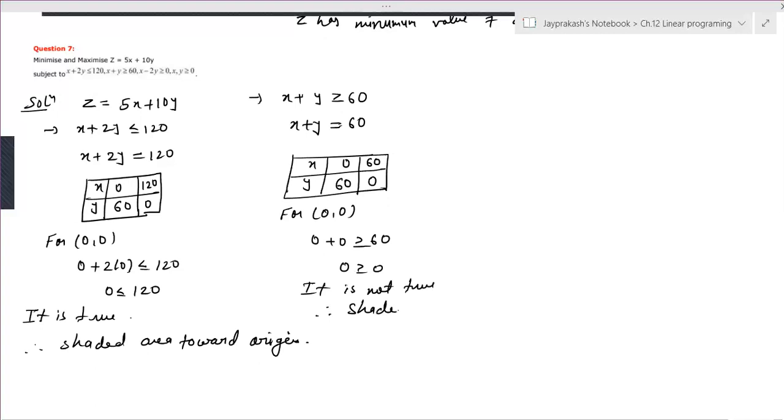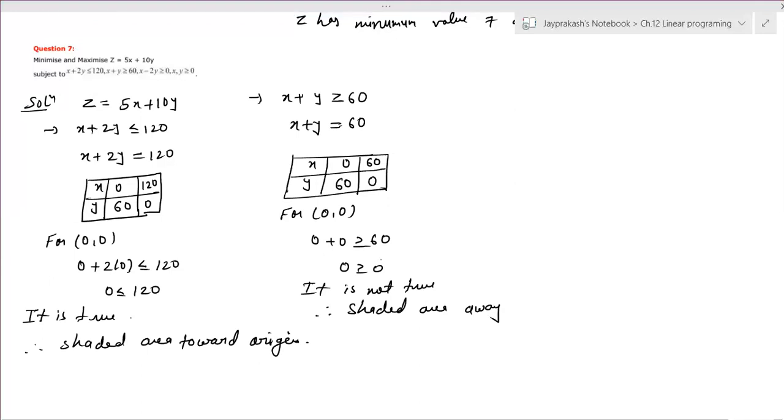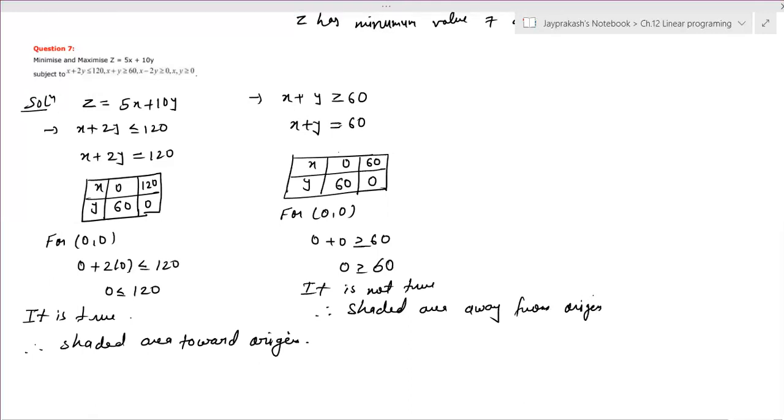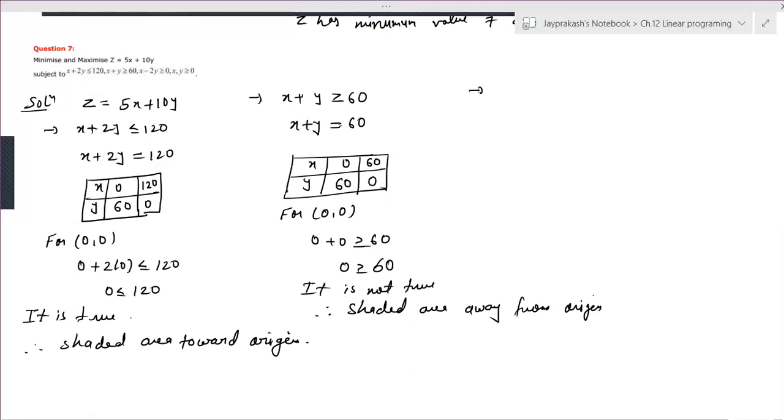Therefore, in second case, shaded area, this is the 60, shaded area is away from origin.